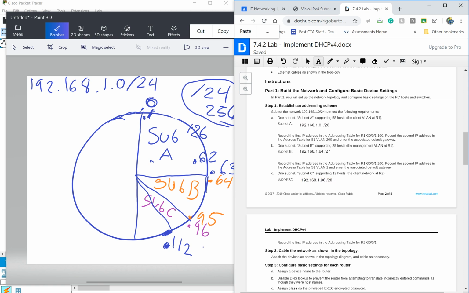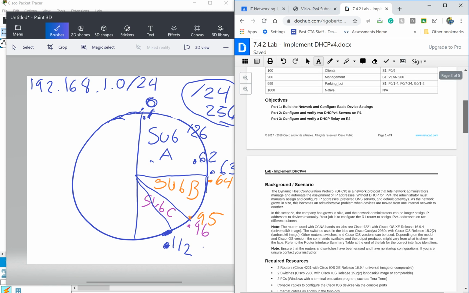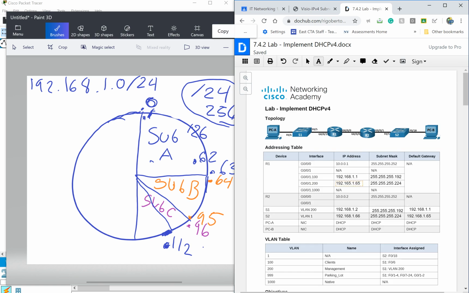Once we figure out a subnet, there are little directions at the bottom that say to record the first address in the addressing table for R1 G0/0/1.100, a little subinterface there. I already did it, right up there.